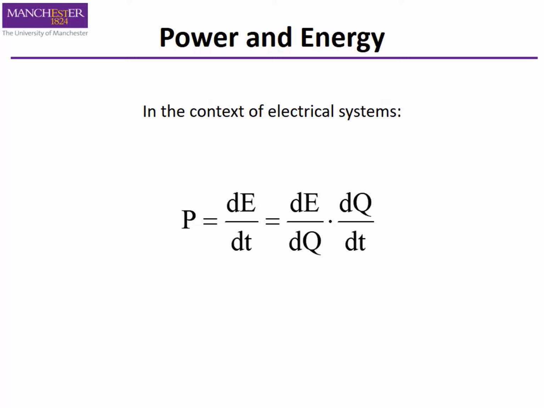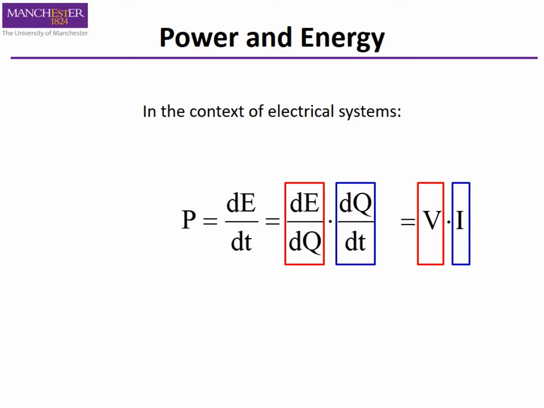Now, in the context of electrical systems, we can actually expand dE by dt using essentially a chain product rule. So we've got dE by dq multiplied by dq by dt. And then we ask ourselves, what is dE by dq and what is dq by dt?